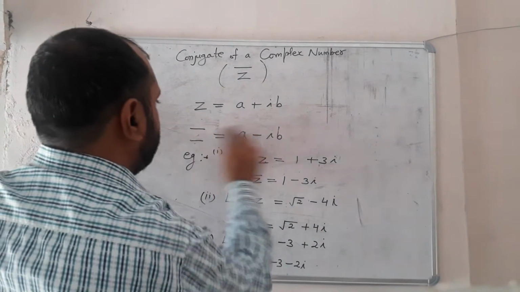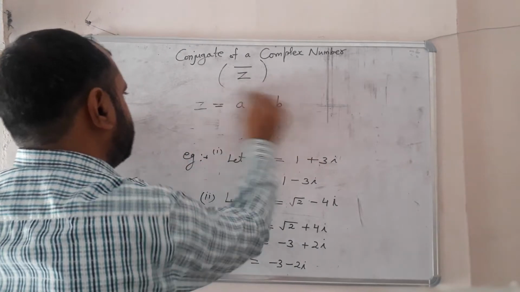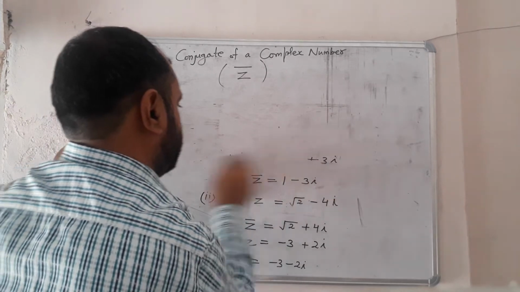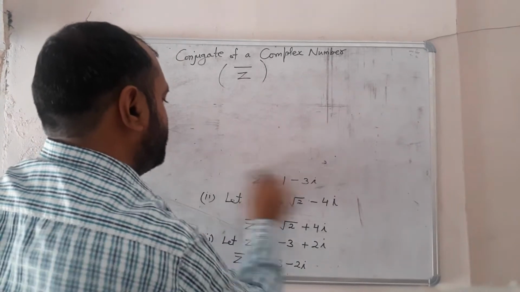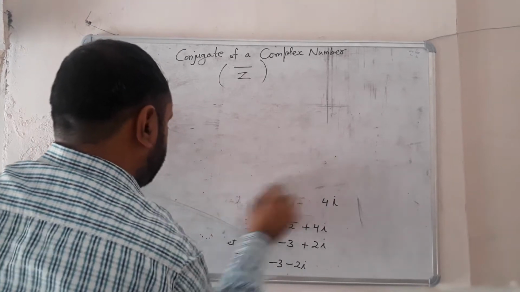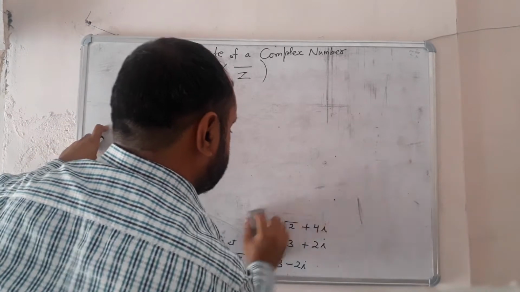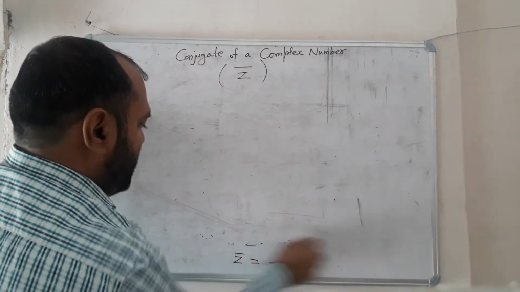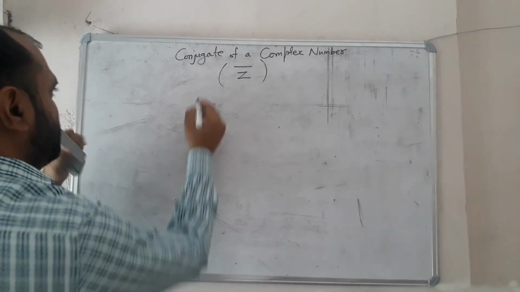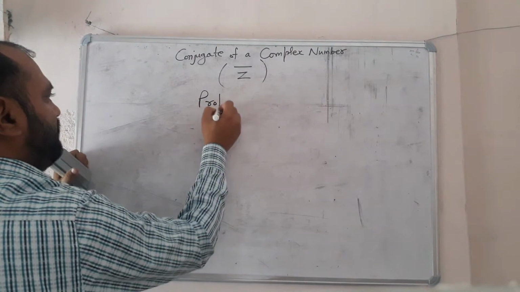Now we are doing some properties of the conjugate of complex numbers. Let Z1 and Z2 be two complex numbers.